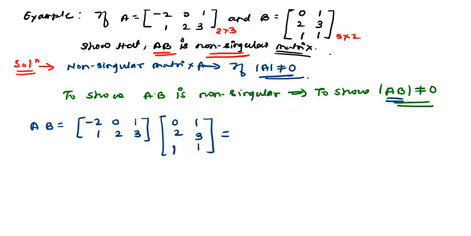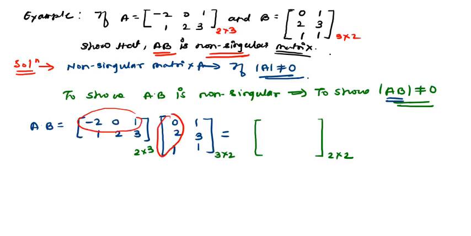If you observe here, this is a matrix of order 2 by 3 and this is a matrix of order 3 by 2. Means whatever matrix we get will be of order 2 by 2. Now take down the multiplication. First row, first column: -2 into 0 is 0 plus 0 plus 1. So this will be a 2 by 2 matrix.